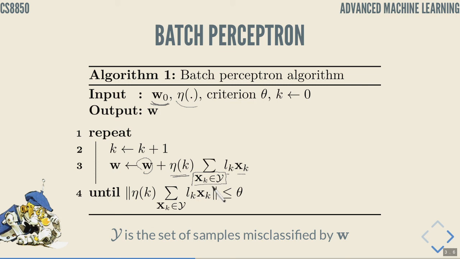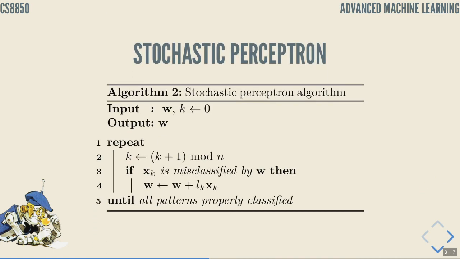Another algorithm is called the stochastic algorithm, or stochastic perceptron. For stochastic perceptron, all we do is initialize W and set the counter to 0.